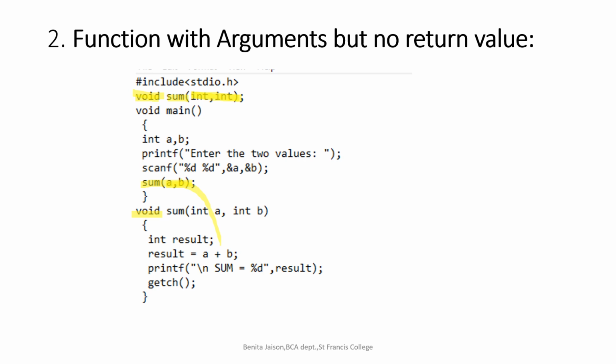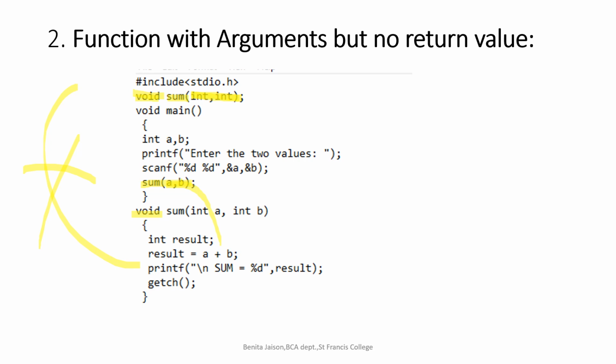The result is assigned the sum of the two arguments we are passing, and the output is displayed within the function. This makes sure that the value is not returned back to main. So there is only one-way communication, passing arguments from the calling function to the called function, but no return from the called function towards the calling function.